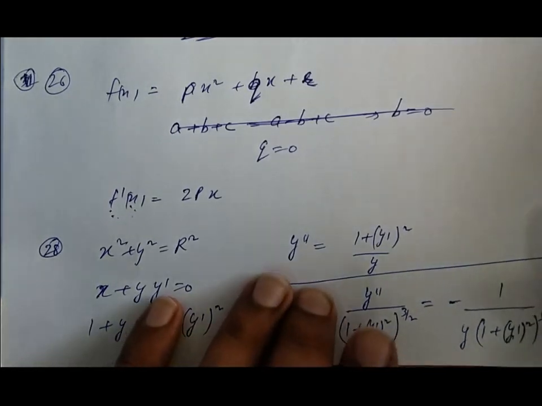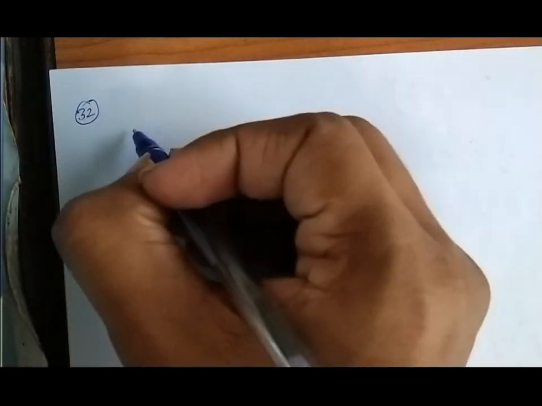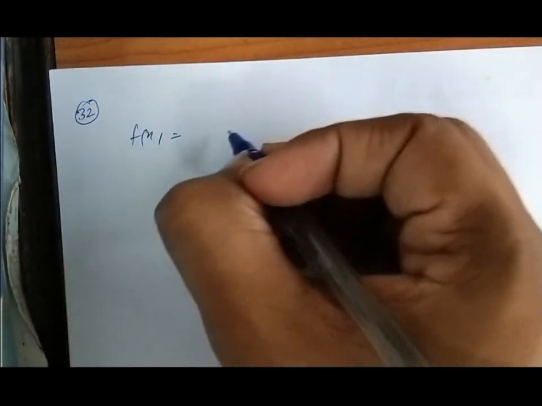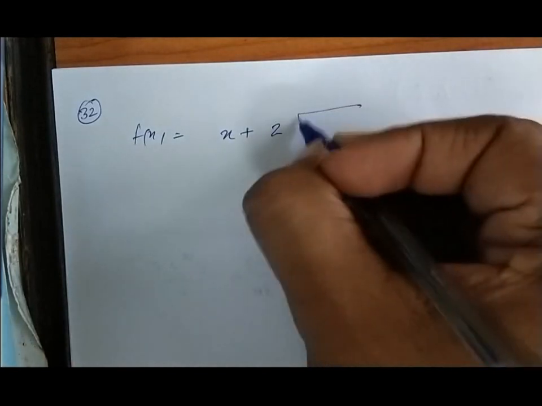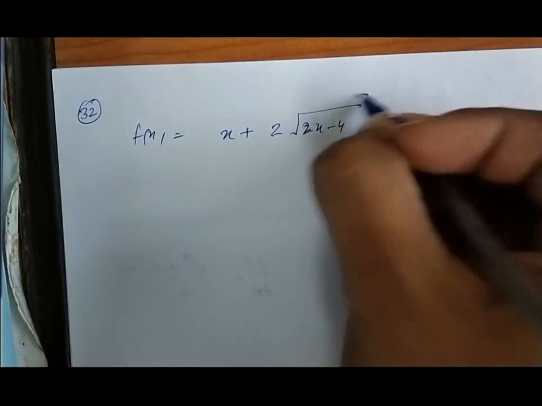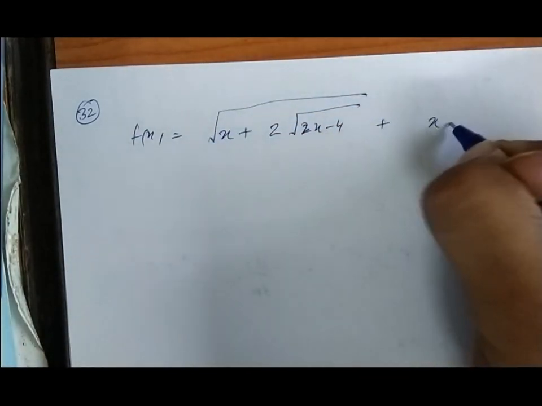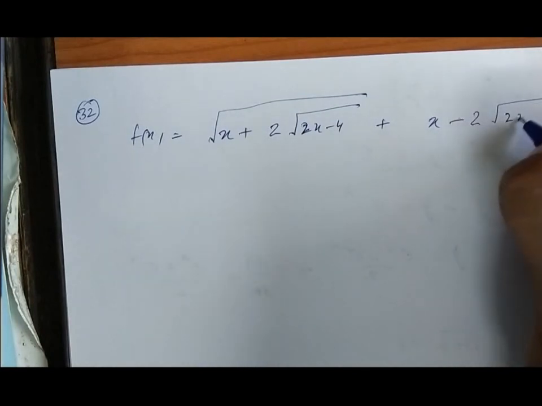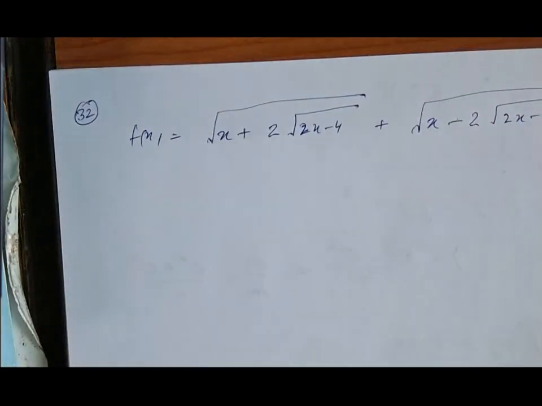So question number 32 says x plus 2 blah blah blah. So f(x) is equal to root of x plus 2 root of 2x minus 4 plus root of x minus 2 root of 2x minus 4.